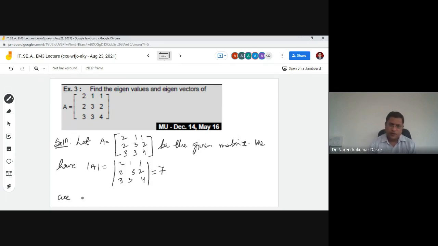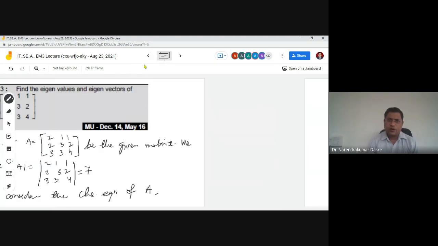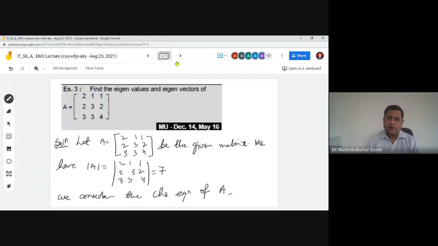Then we consider the characteristic equation of matrix A. What is the characteristic equation we have? Determinant of A minus lambda I is equal to 0. Let us write this. We got 2 minus lambda, 1, 1.